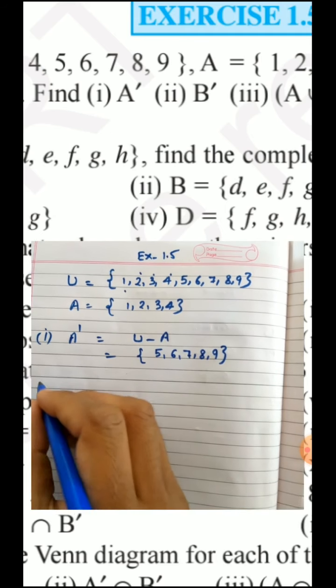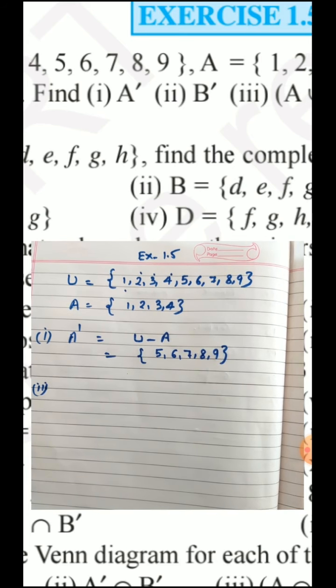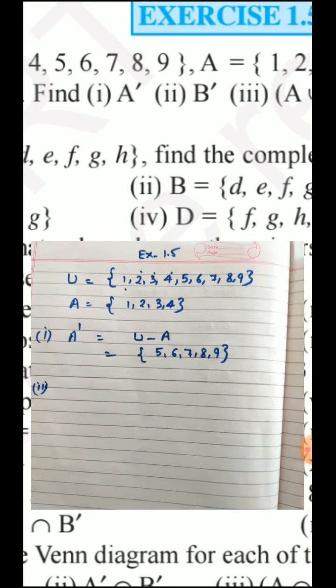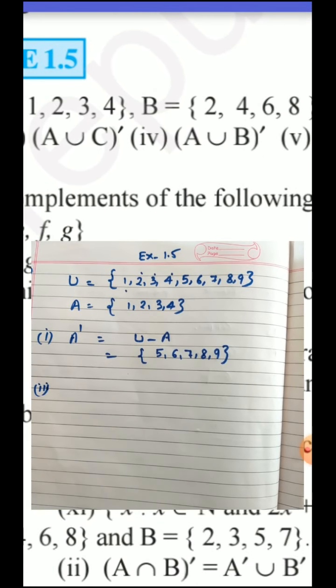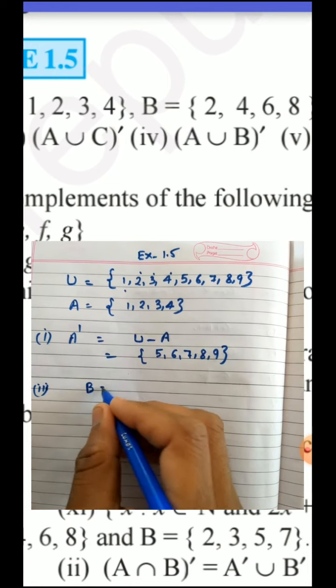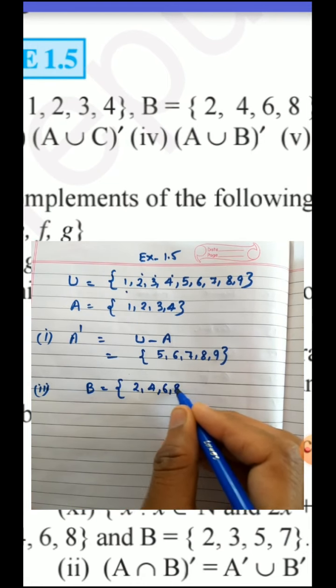Now you have to find out B complement. So my dear student, we have given set B equal to 2, 4, 6, 8.